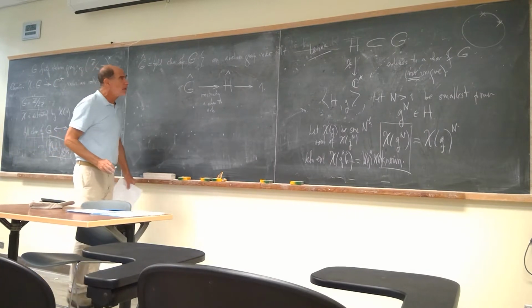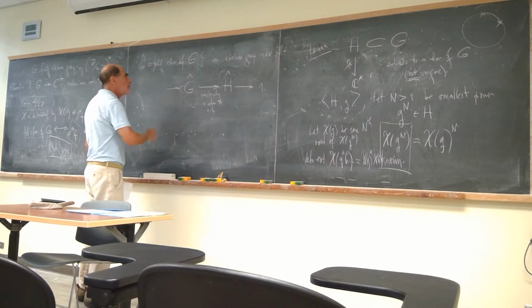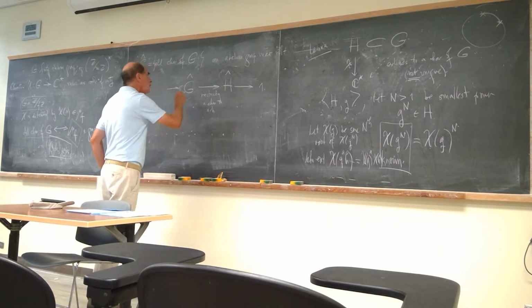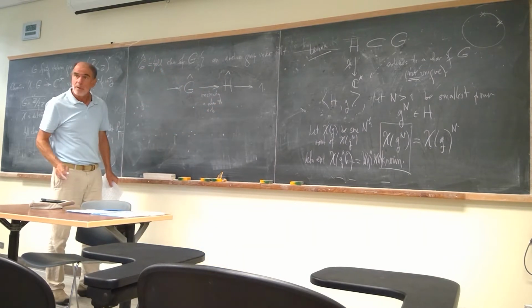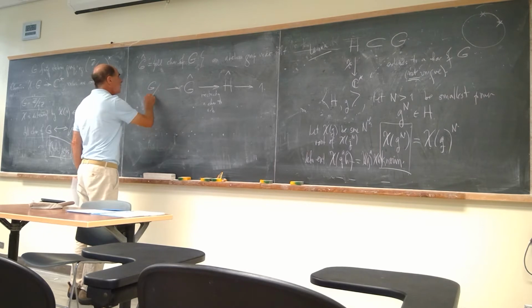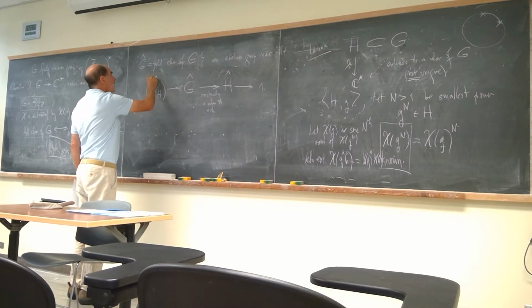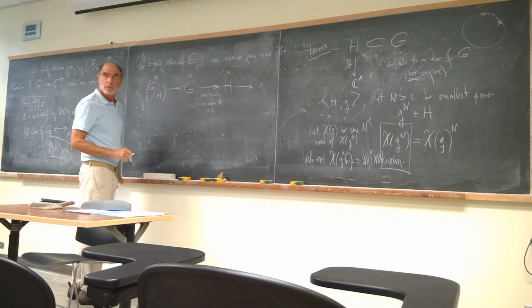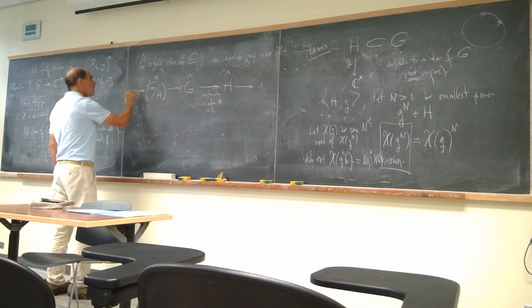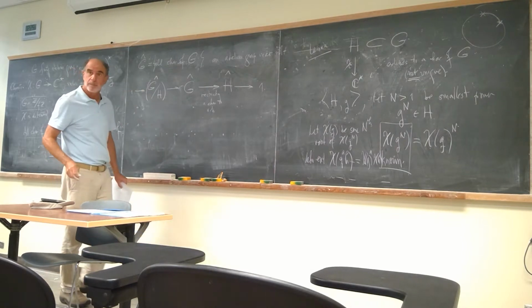And its kernel, what's the kernel? Well, it's all characters of G that restrict to the trivial character of H. So that would give us a character of the quotient group. And conversely, any character of the quotient group extends to a character of G trivial on H, so that's the kernel of the homomorphism. So we get an exact sequence like this.